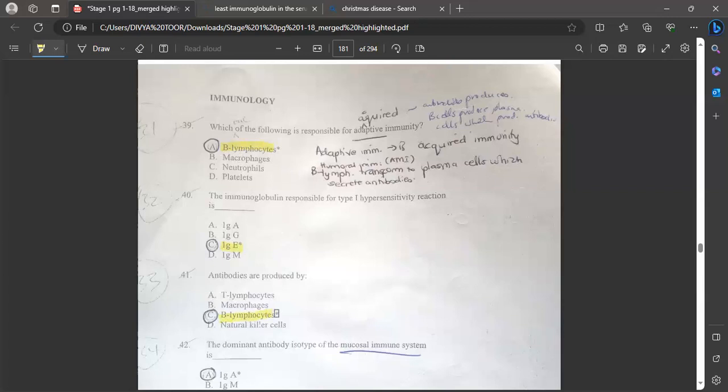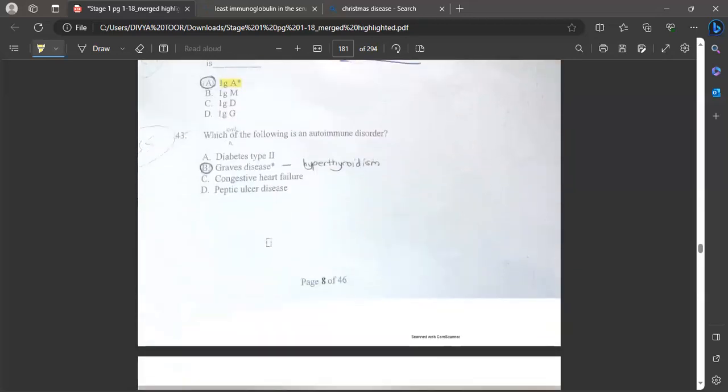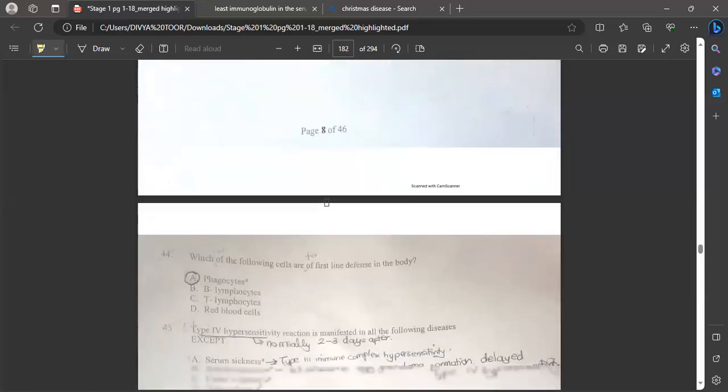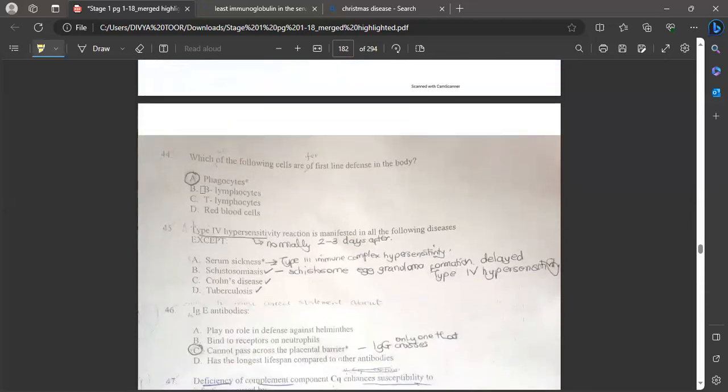Antibodies, we've seen this. Of the mucosa, that is IgA. Autoimmune. Type 2 diabetes is lifestyle associated. First line defense in the body, phagocytes.